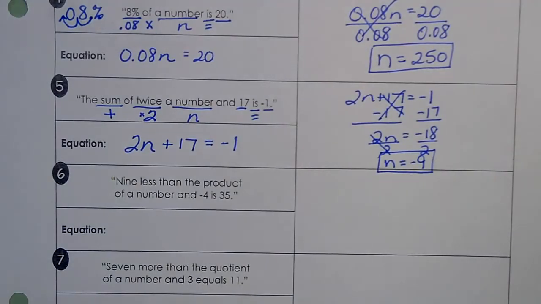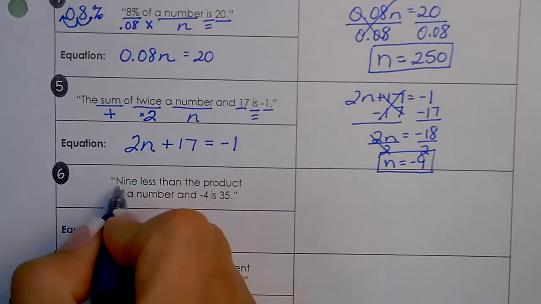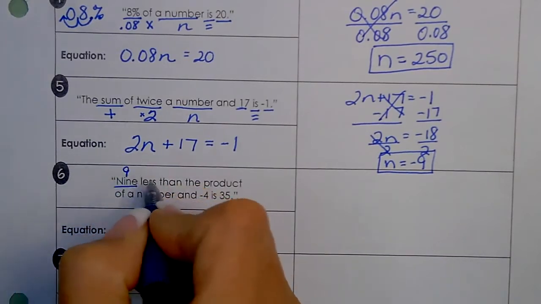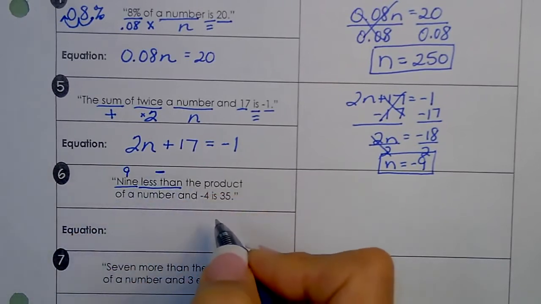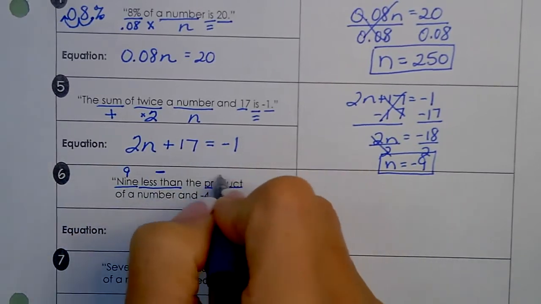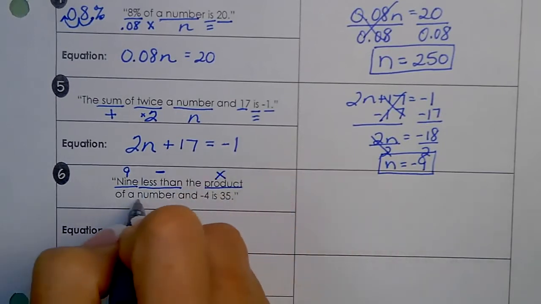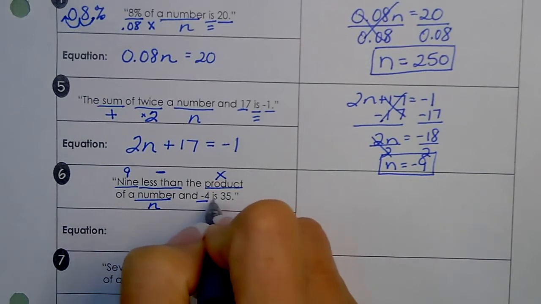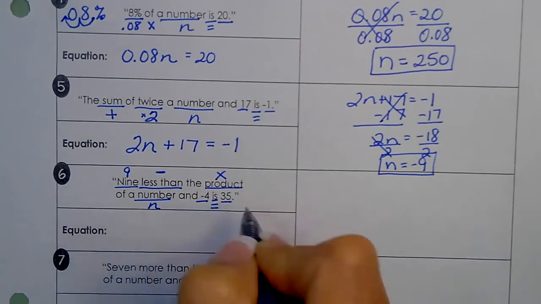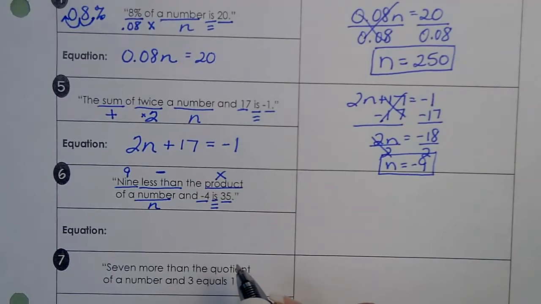Number 6, 9 less than the product of a number and -4 is 35. So 9 less than would be subtract. The product of a number and -4 is 35.